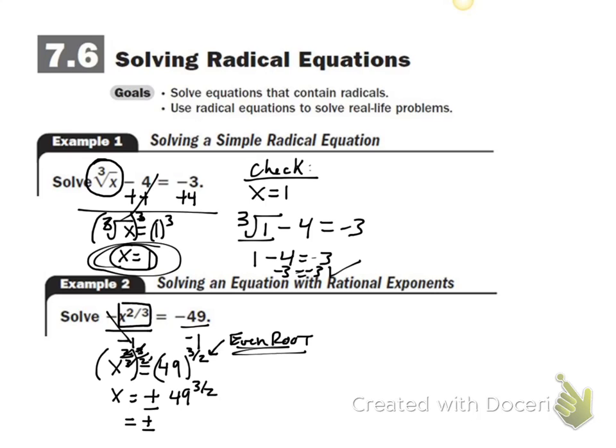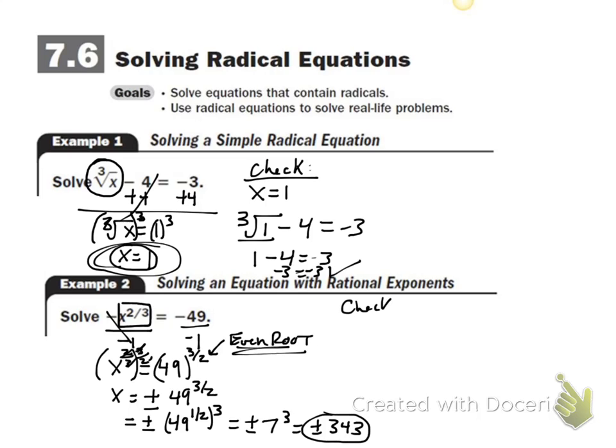If you recall in the first section, if you have a rational exponent, we can sometimes simplify by first applying the root and then raising to that power 3. So in this case, I have the second root, or the square root of 49, so I know I get plus or minus 7 to the third, which is plus or minus 343.